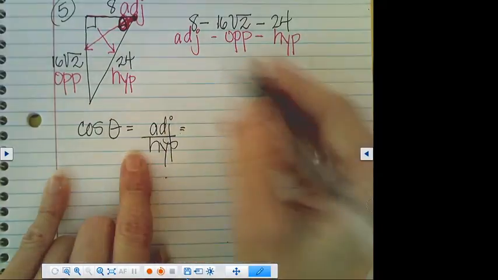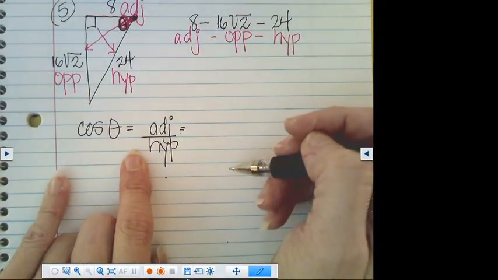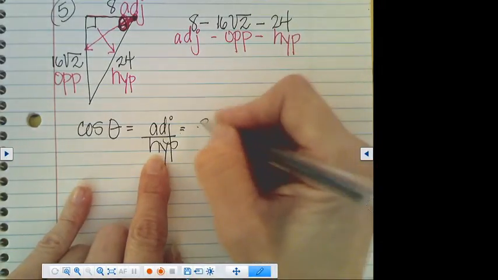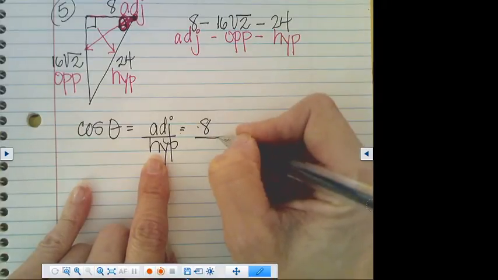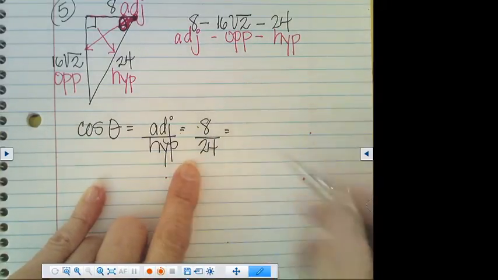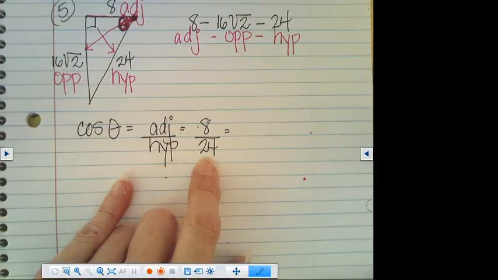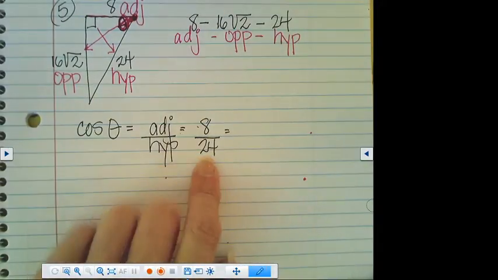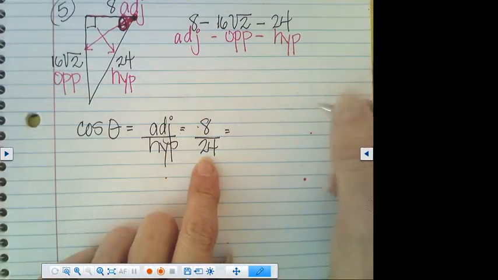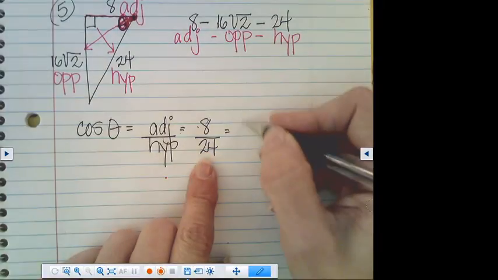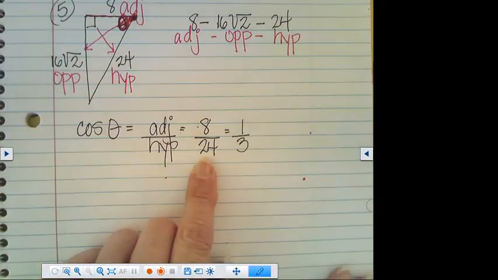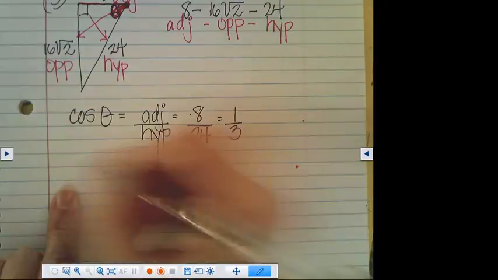And all you do now is place those numbers in. So adjacent is 8, hypotenuse is 24. And you just learned on your homework last night we're going to reduce all our fractions. So 8 over 24, top and bottom is divisible by 8. So is that 1/3? Cosine is 1/3.